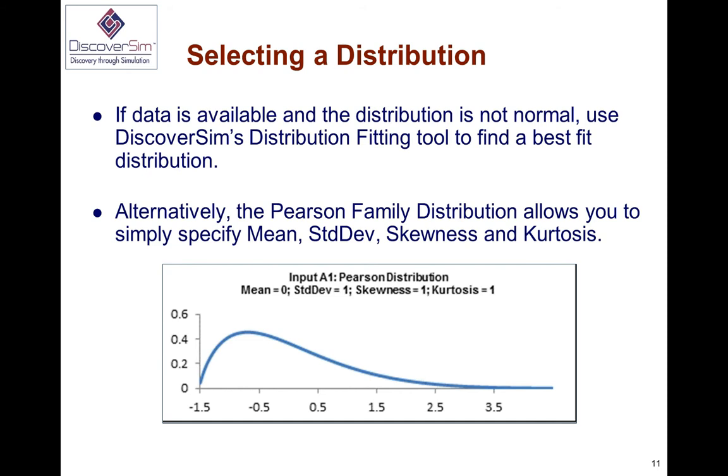Another choice, if you have non-normal data, is the Pearson family distribution, where you plug in the mean, the standard deviation, skewness, and kurtosis. Also, you can do distribution fitting, and we're actually going to show distribution fitting in one of the examples.